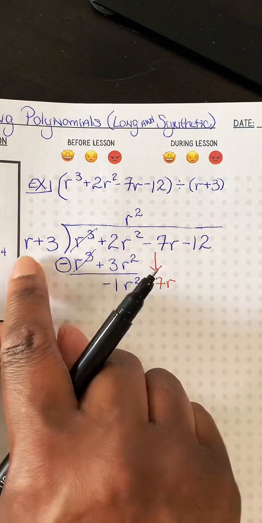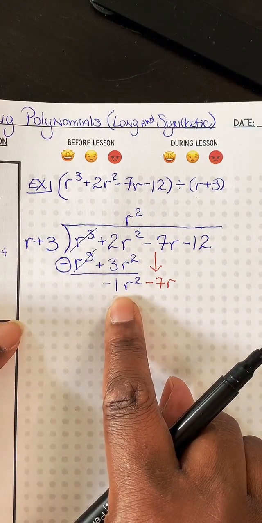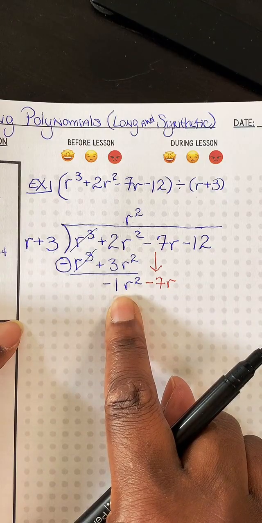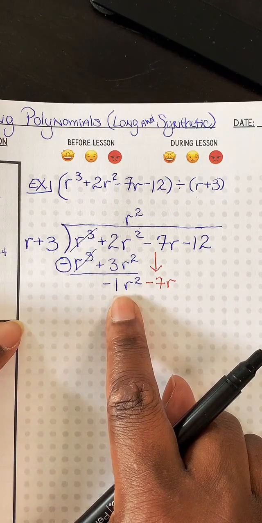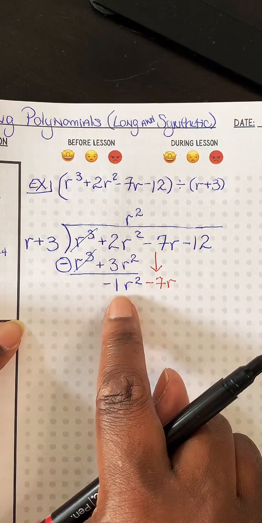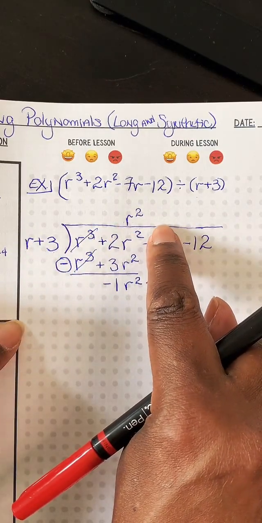What times r will give me a negative 1r squared? Or you can say negative 1r squared divided by r will give me what?